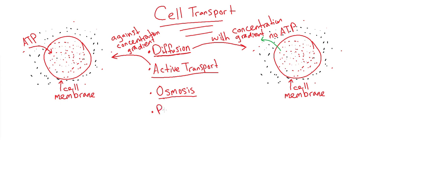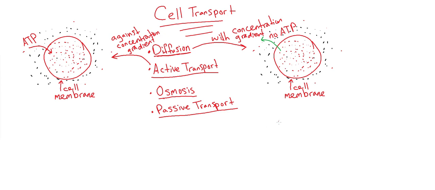This is called passive transport. And you might be saying, wow, that's very related. Maybe it's almost the same as active. No, passive transport is actually the same as diffusion. While active uses ATP, passive does not need to use ATP to go from high to low. So these are the four types of cell transport.